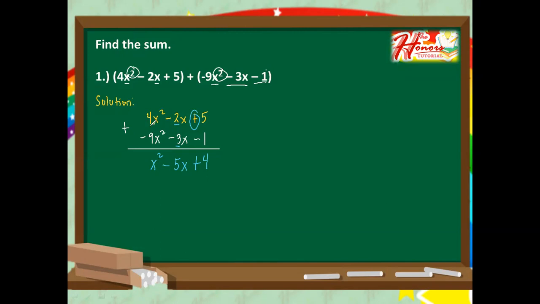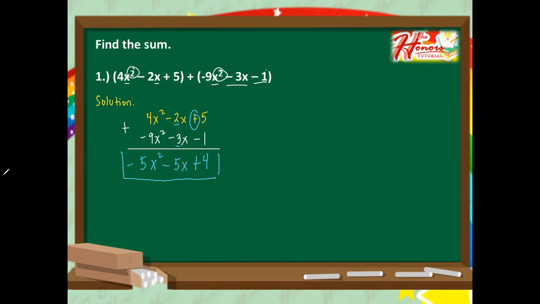So therefore, you have to subtract the numbers because you have opposite signs, positive and negative. So 4 minus 9, that's 5, and then copy the sign of the larger number, which is negative. So this is our final answer. Negative 5x squared minus 5x plus 4 for number 1.